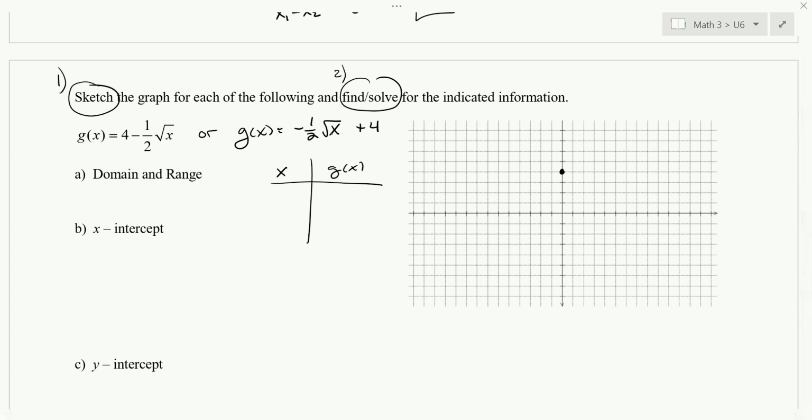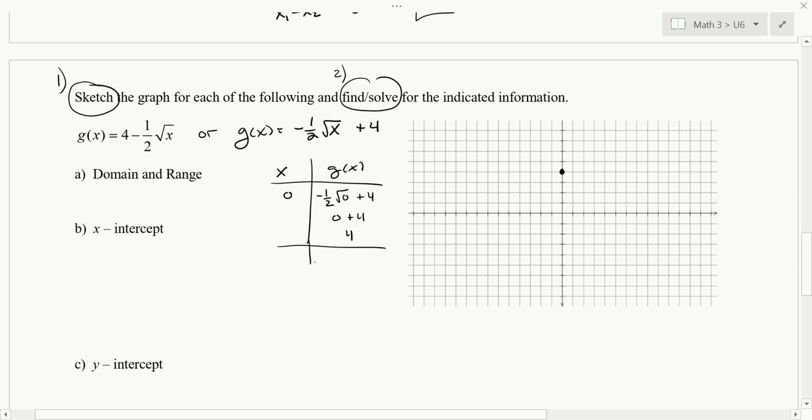And if you take half of 0, you still get 0. So 0 is a good number to work with because it works with both the square root and the fraction. We just get 4. And that's the first point we graphed already.